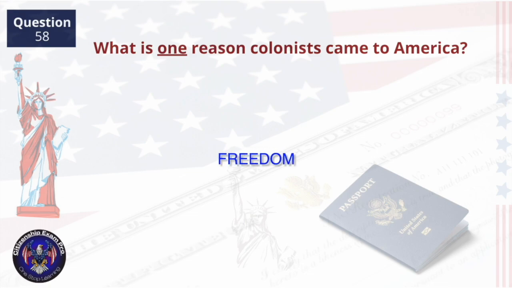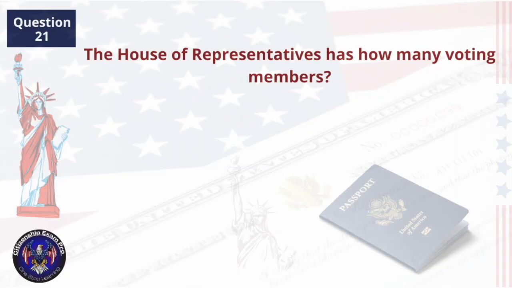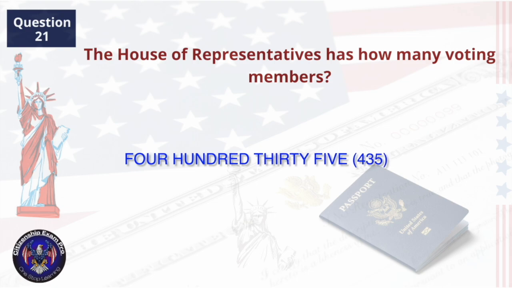Freedom. The House of Representatives has how many voting members? 435.